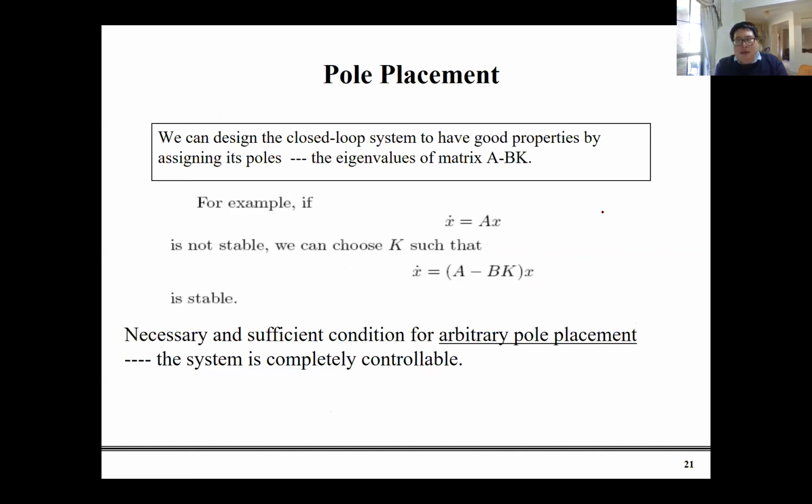Then the new A matrix for the state feedback control system is A minus BK. Then you choose some proper K to make A minus BK have all negative eigenvalues, which means you make the state feedback control system stable, right? So that is pole placement.